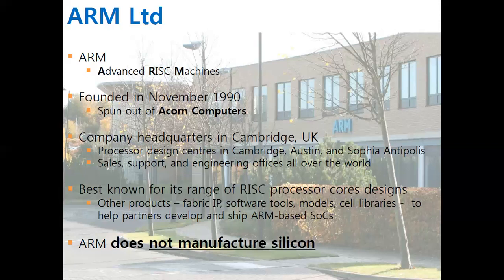When you say introduction, in 1990 Acorn Computers was the first to form this ARM processor. Normally all the people call this ARM. There are many different companies in many places that started to develop and speak about this ARM processor.